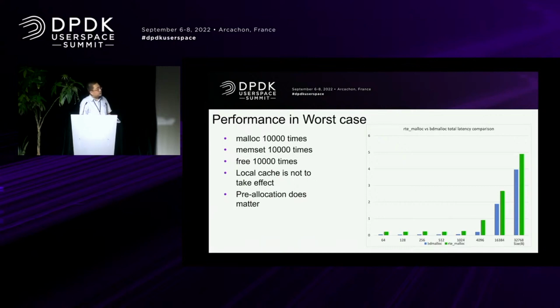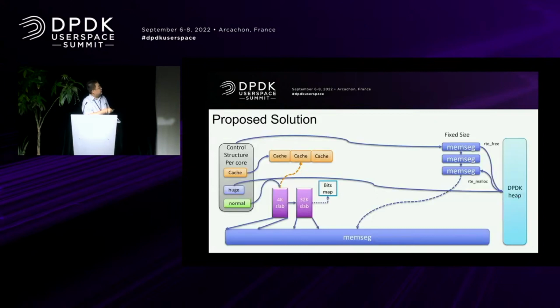But when the request size becomes larger and larger, you will see the performance trending to the same. I believe the reason is that we come to the DPDK heap more and more frequently than before, so you end up with similar performance to DPDK rte_malloc.